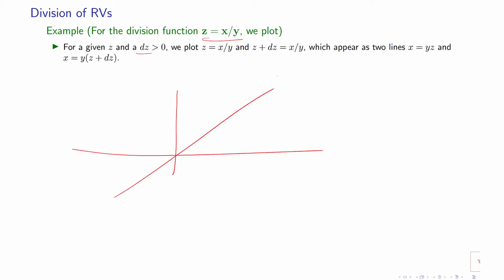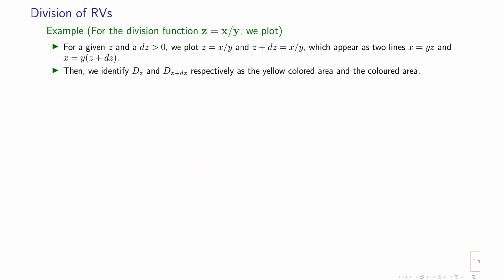So yz is equal to x, and if I put z plus dz, you get another line. Depending on whether dz is positive or negative, we plot these two lines. One of the lines has this equation, the other line has this equation.